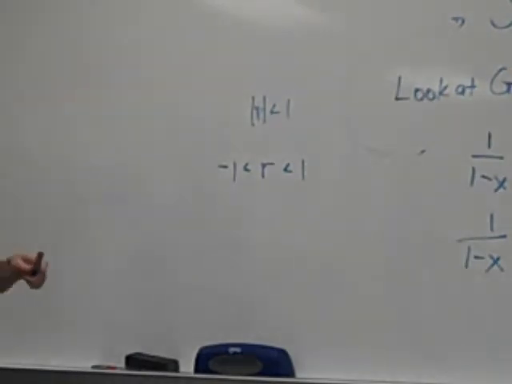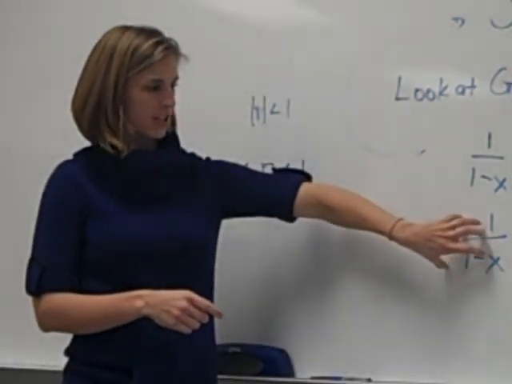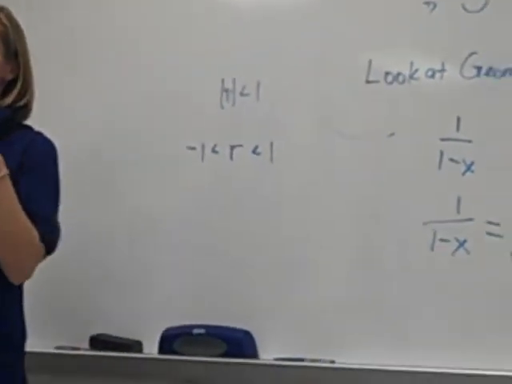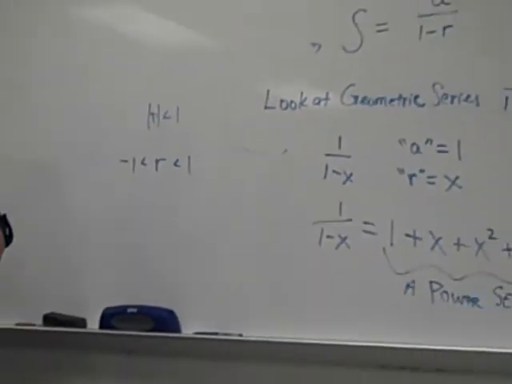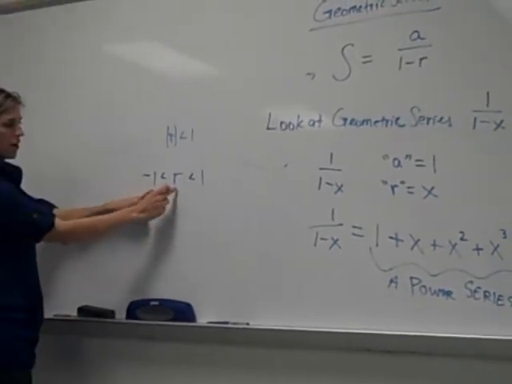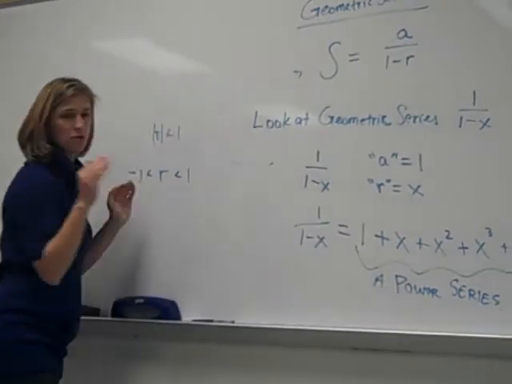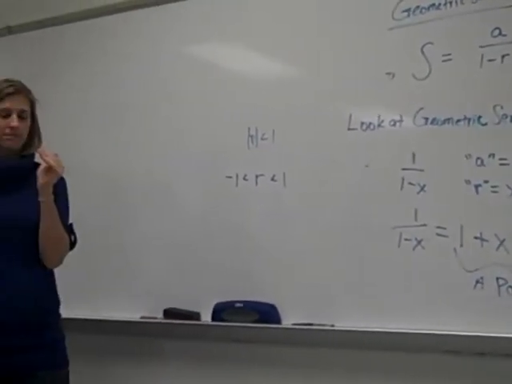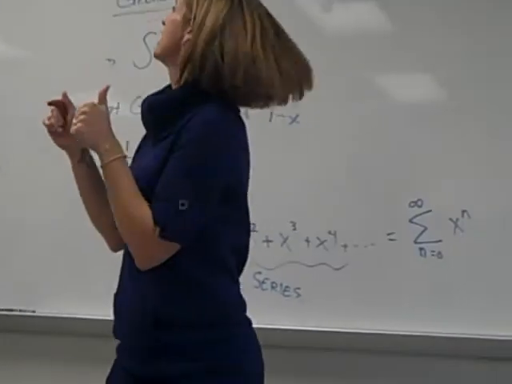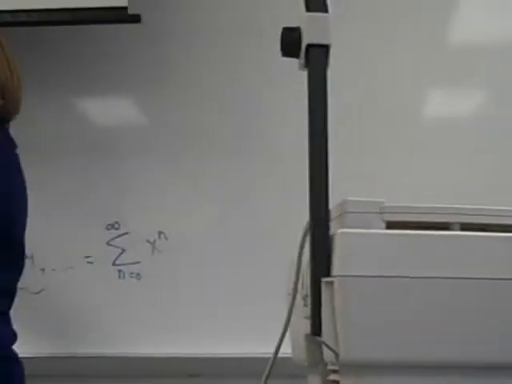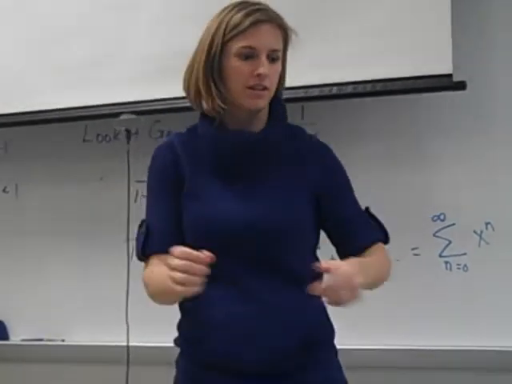Well, what this means is if I graph this function and I graph this power series, they're going to look the same only when r is between -1 and 1. So only when x, in this case, is between -1 and 1. That's why I have this handy dandy calculator thing up. Okay, watch for a second. I can get this up here.